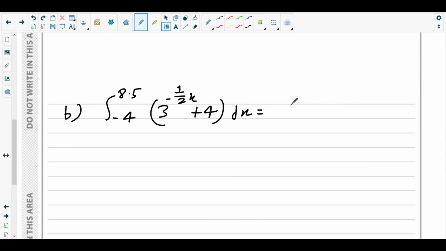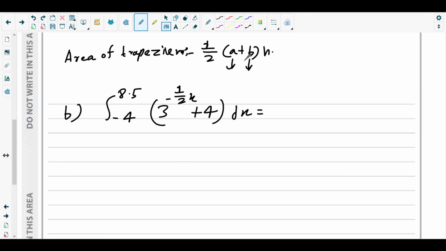The area of a trapezium is half of a plus b times h, where a and b are the lengths of the parallel sides, and h is the distance between these parallel sides.